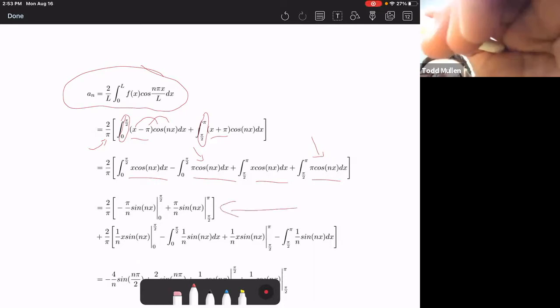The integral of pi cos nx is pi over n sine nx, and we'll evaluate that from 0 to pi over 2. And then we have the same thing here, it's just the bounds are different. We're evaluating from pi over 2 to pi. But now what's left is this x cos nx here and here.